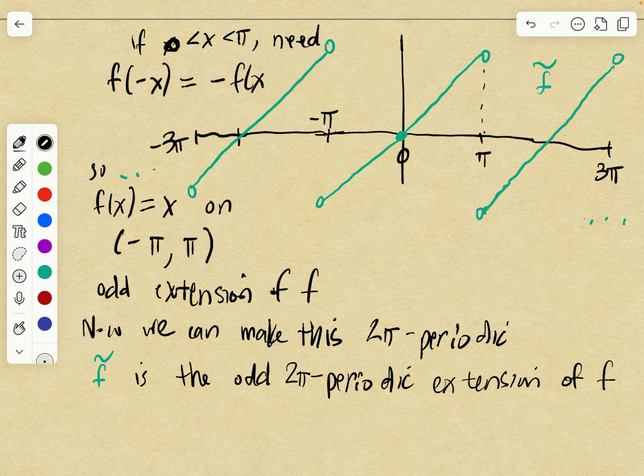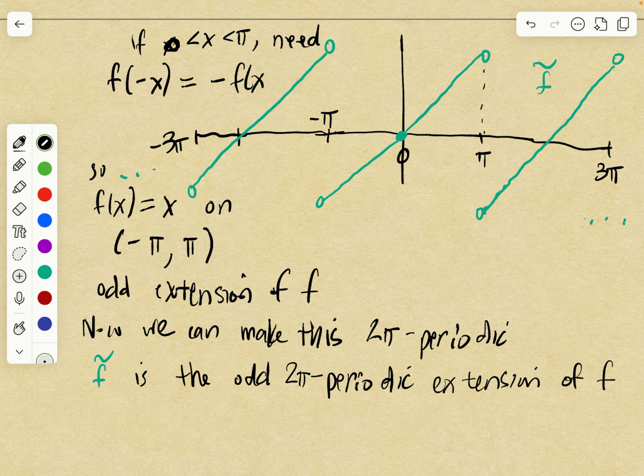Well, this is an odd function, so will it involve cosines or sines? If it's odd, let's see, how does it work? The thing is that cosine is an even function.